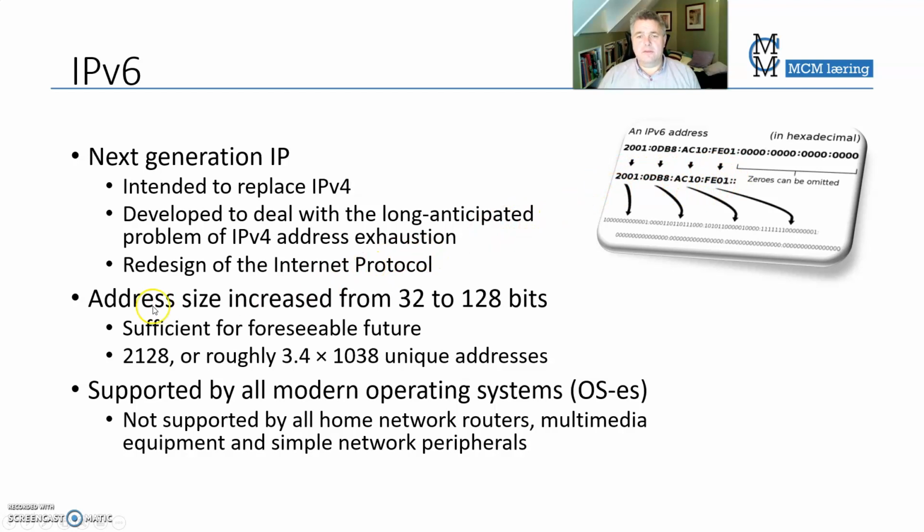So there are more than enough addresses available now. But version 6 is used mainly for backbone purposes and so on, while inside a company or inside a LAN, we can still use IPv4 addresses, which is a shorter address.